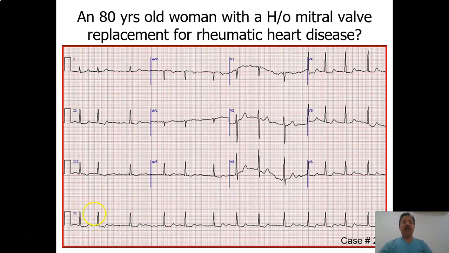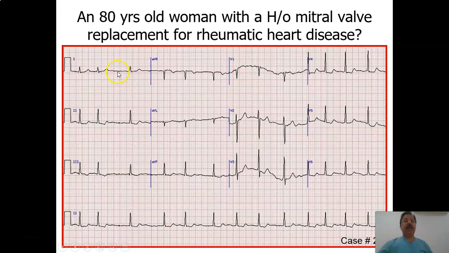So in this ECG, the heart rate is 60. The rhythm is irregular. You cannot see P waves, and these are narrow QRS complexes. So there is no P wave, so no PR interval, and this is totally irregular. So this seems atrial fibrillation.